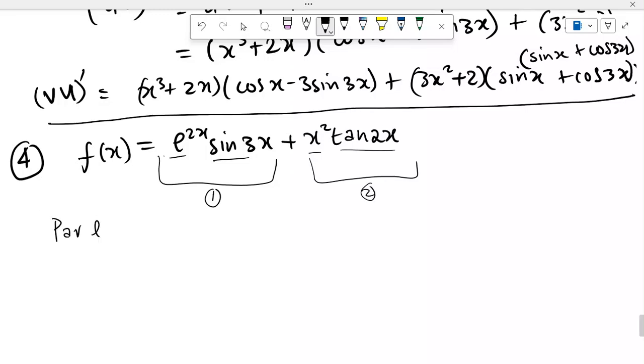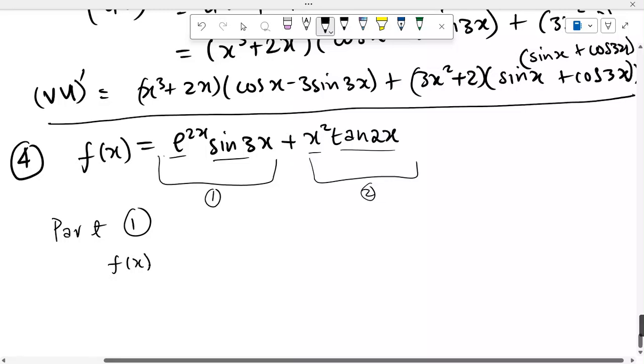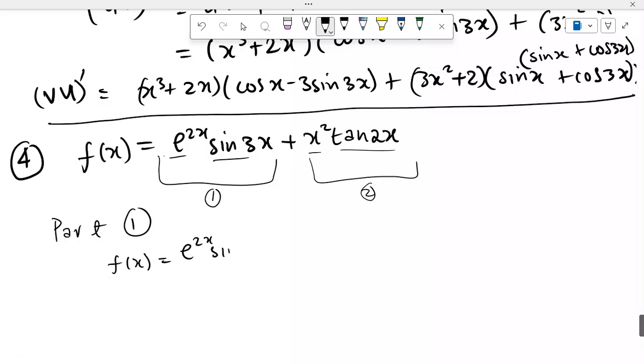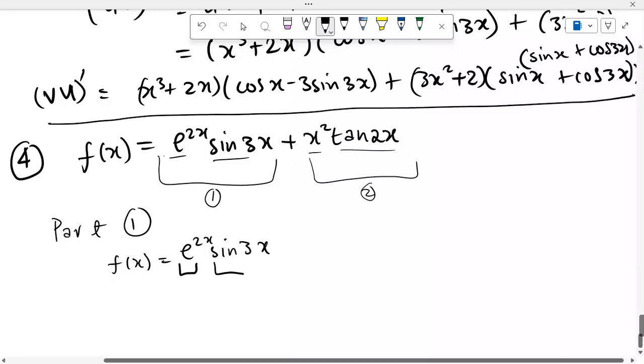So part 1, let's say we have a function e to the power 2x sine 3x. We'll add at the end because it's too big, we can't find it at once. Okay, so this is u, this is v.